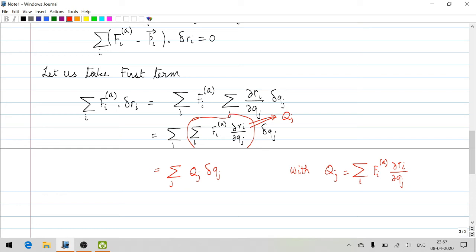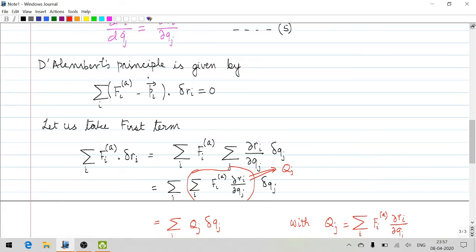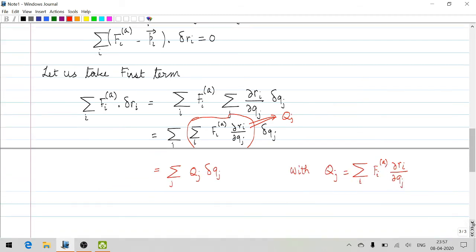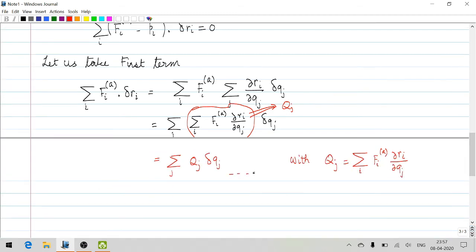So let me see what was the last number, equation number 5. So let me have this as equation number 6a, and this is equation number 6.